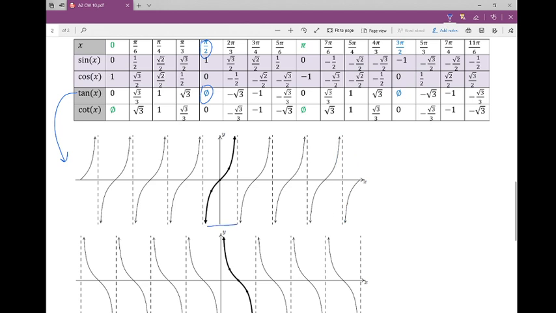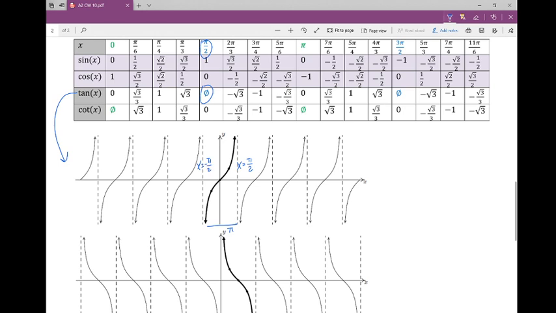So this distance was pi, which then led us to finding out that this distance was pi over 2, and hence we could easily figure out that this asymptote is at x equals pi over 2, and this is at x equals negative pi over 2.